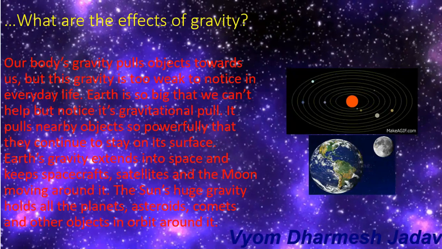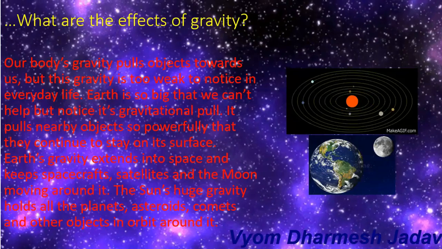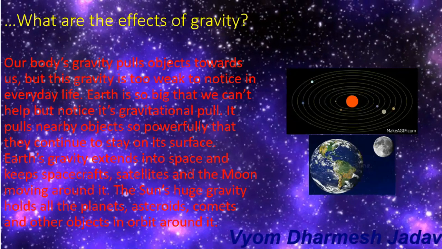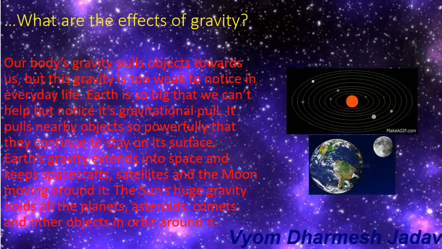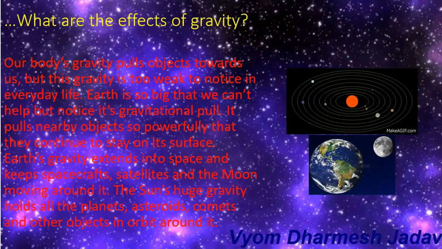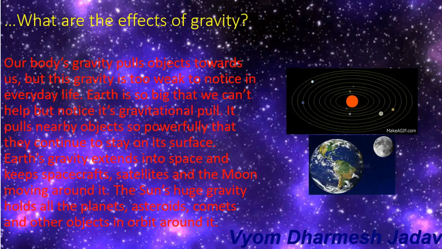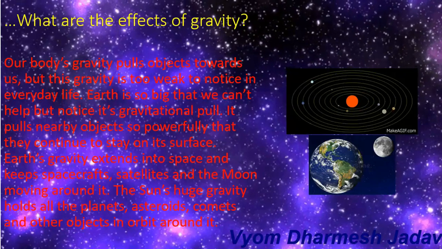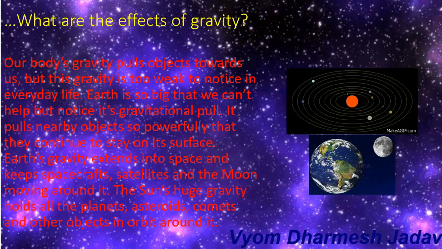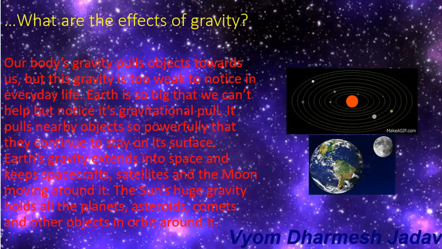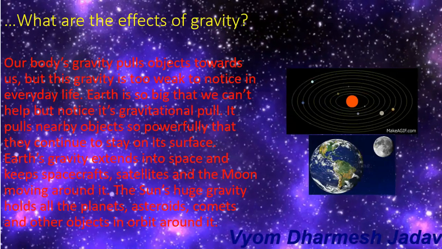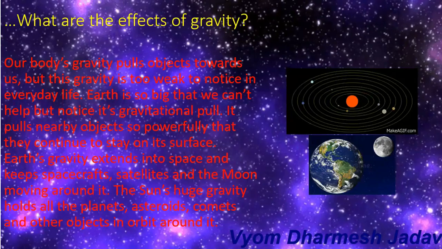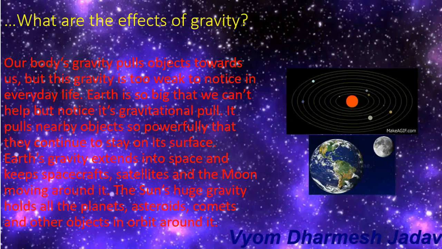Earth is so big that we can't help but notice its gravitational pull. It pulls nearby objects so powerfully that they continue to stay on its surface. Earth's gravity extends into space and keeps spacecrafts, satellites, and the moon moving around it. The sun's huge gravity pulls all the planets, asteroids, comets, and other objects in orbit around it.